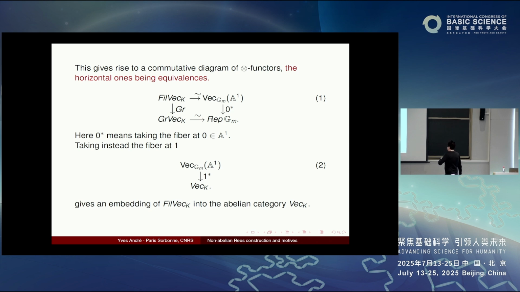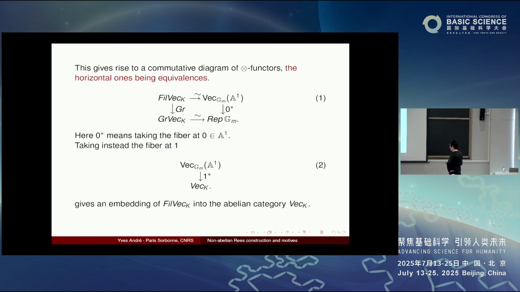So, this gives rise to a commutative diagram of tensor functors, which is like this. Here we have the vertical functor, which is passing to the grading. Here we have a G_m-equivariant vector bundle on the affine line. One may take the fiber at the point 0 of the affine line. This gives rise to graded vector spaces, which are essentially the same as representations of G_m.